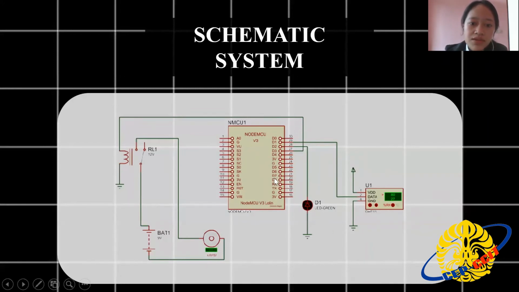And then from Node MCU, we're connected to the relay. It is the relay 1, and the relay is connected to the ground and also connected to the DC motor or DC fan and connected to the battery that we use as 9 volt. And yeah, that's it.